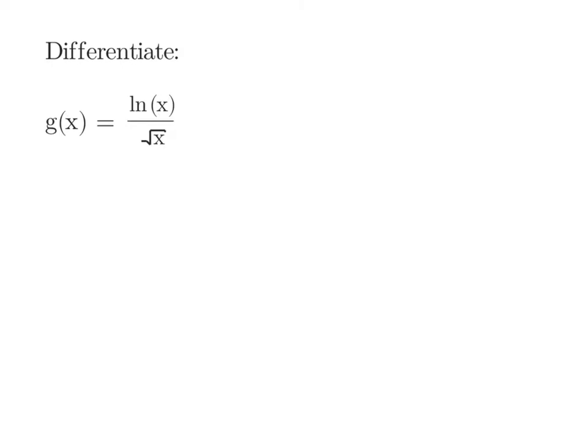So how about when g of x is equal to the natural log of x over square root of x? When we want to find that derivative, we're going to go low d high minus high d low over the square of what's below. So my low, my denominator, is square root of x, times the derivative of the numerator, natural log of x, which is 1 over x.